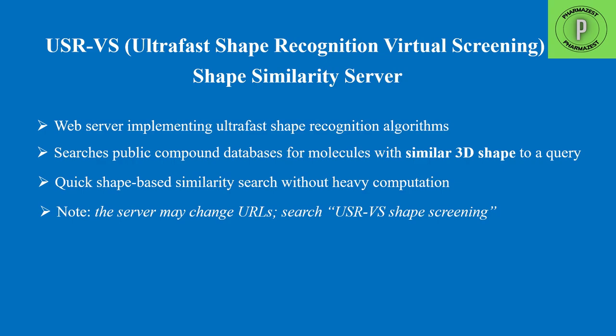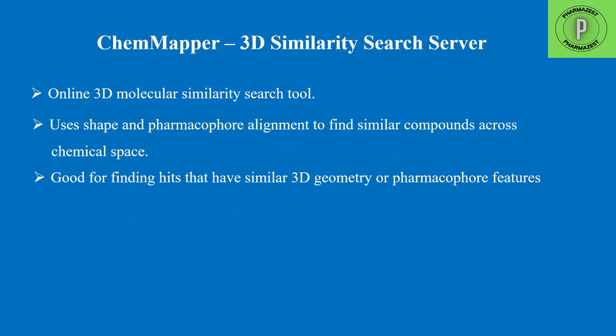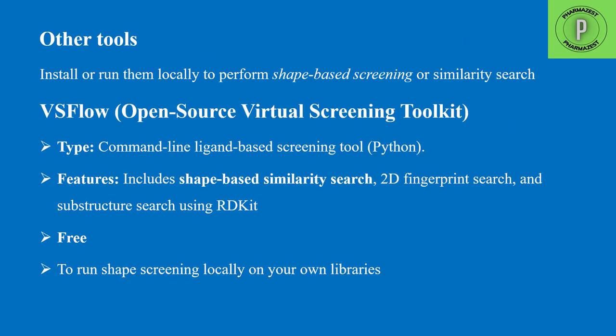Next, another tool is the Ultrafast Shape Recognition virtual screening tool. This is also a freely available server where you can search for molecules which have a similar shape to the query molecule. Another one is ChemMapper. This is also a freely available tool to search for similar molecules based on three-dimensional geometry or pharmacophore features.